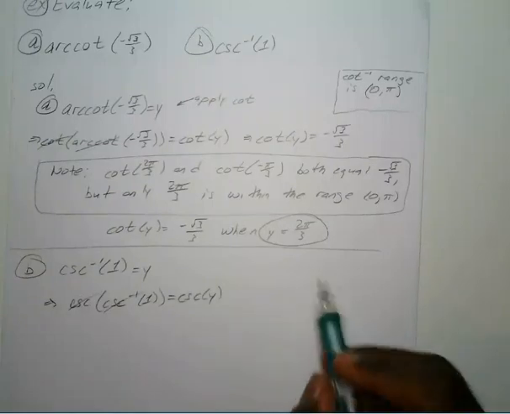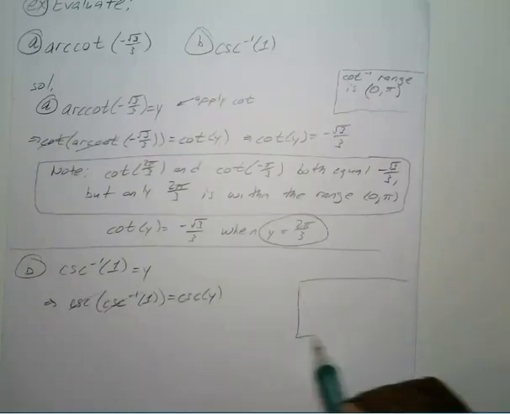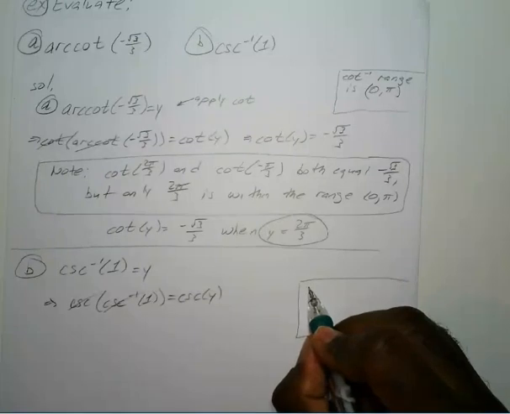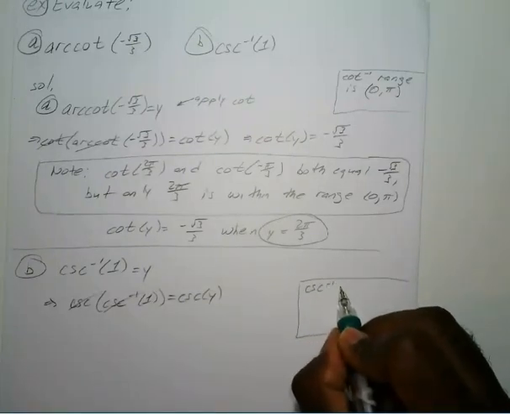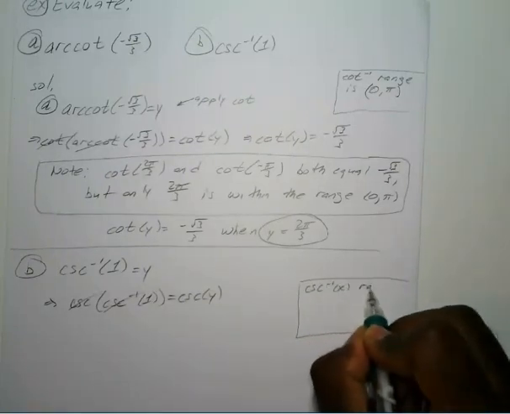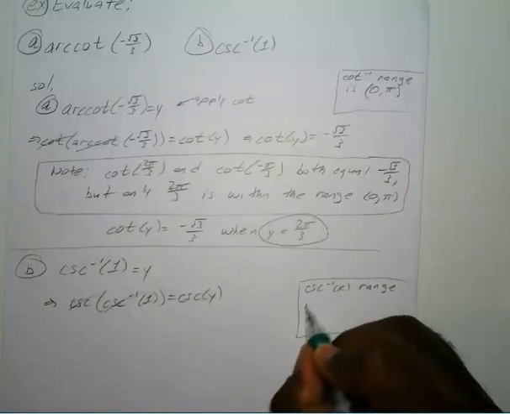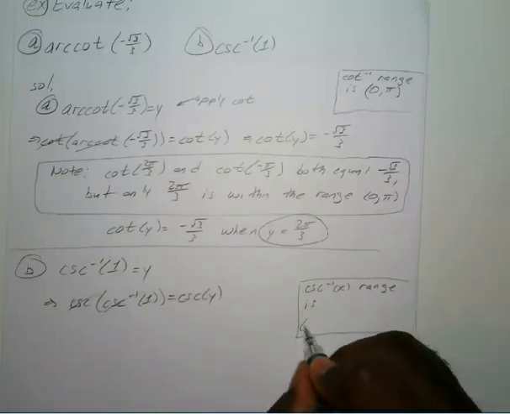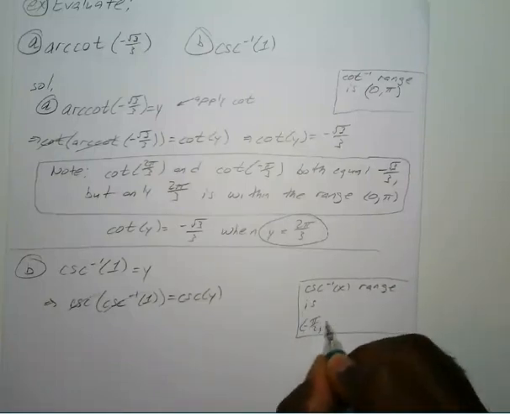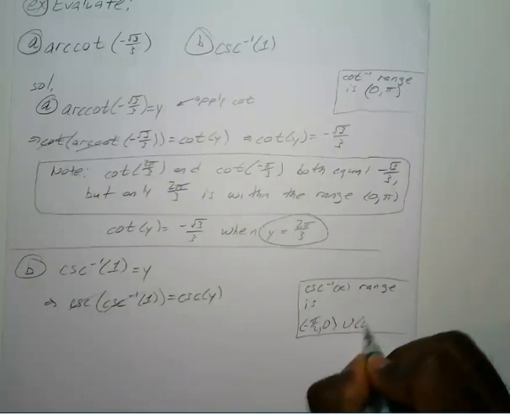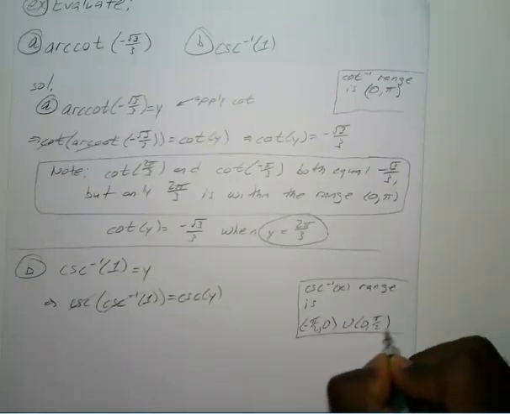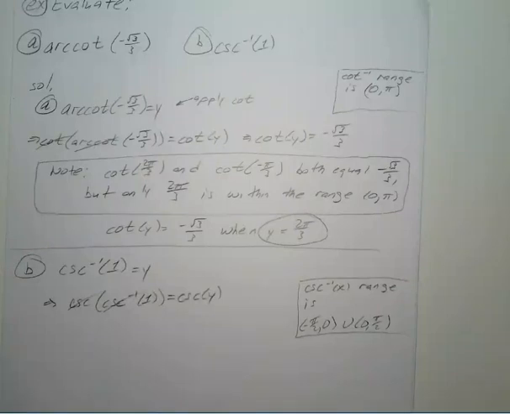But we have to remember the cosecant inverse range is negative pi over 2 to 0, or from 0 to pi over 2. It can equal between negative pi over 2 and pi over 2, but y can't equal 0.